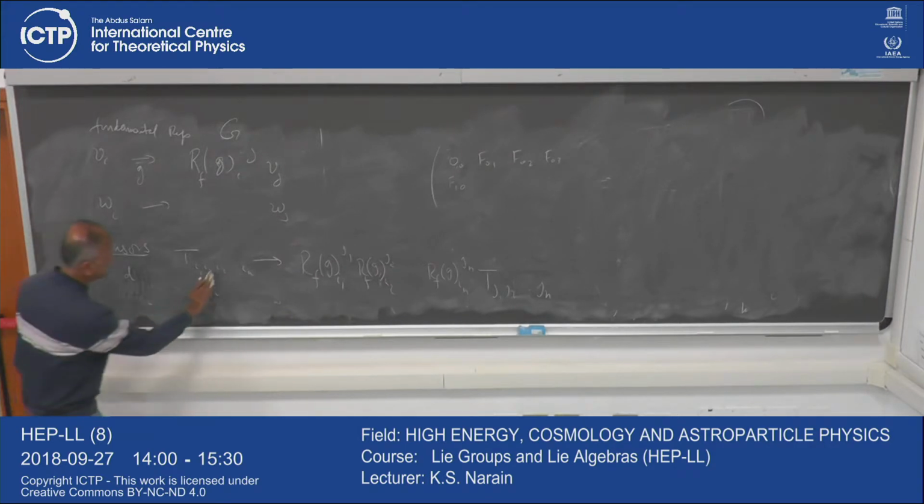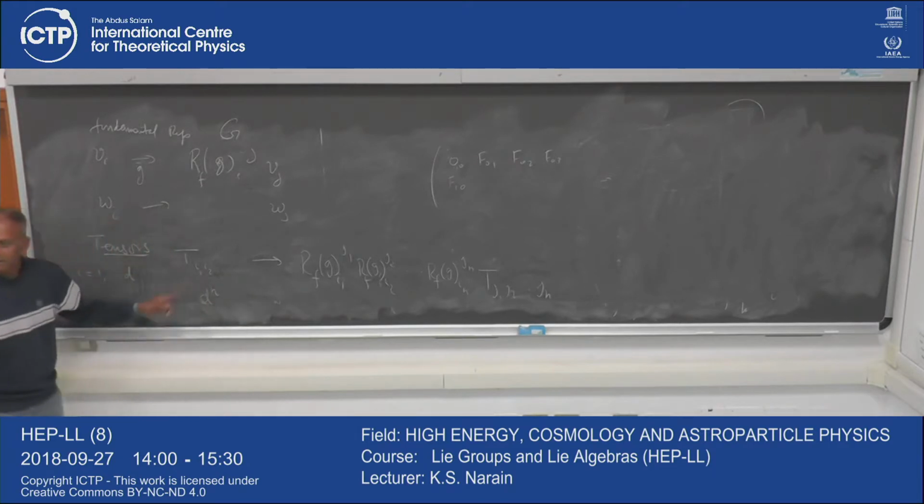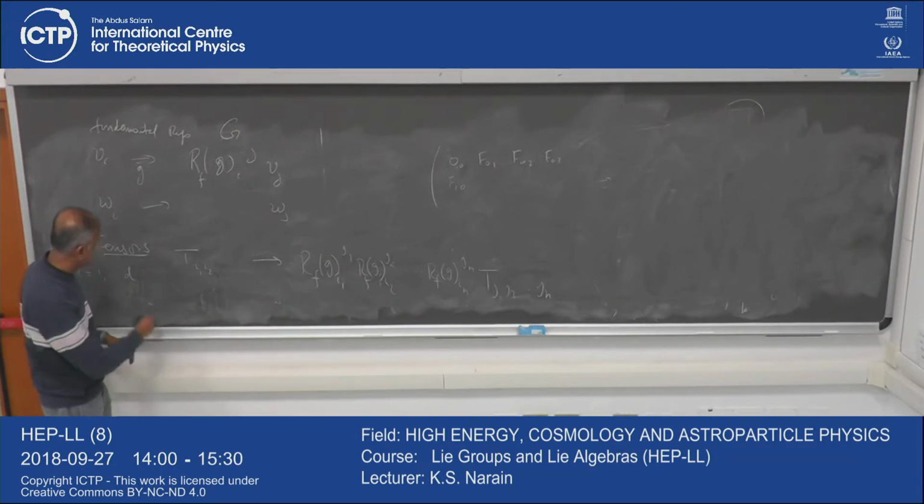Okay. So, maybe before going to n, let me just do 2. If we imagine that we have 2 vectors and we want to present them in a tensor, let's say d is 3.